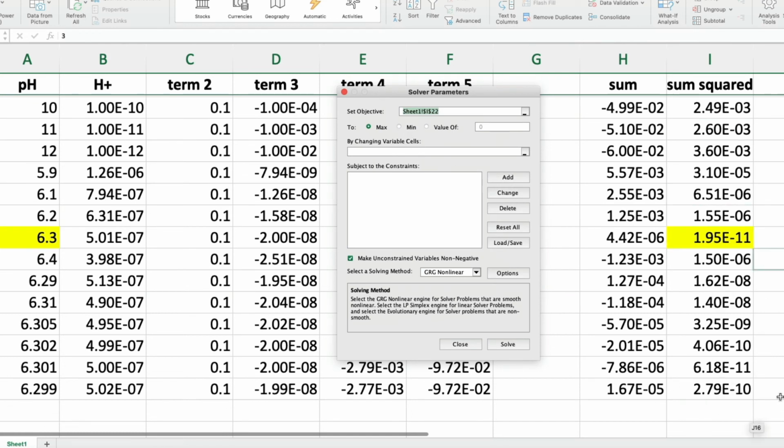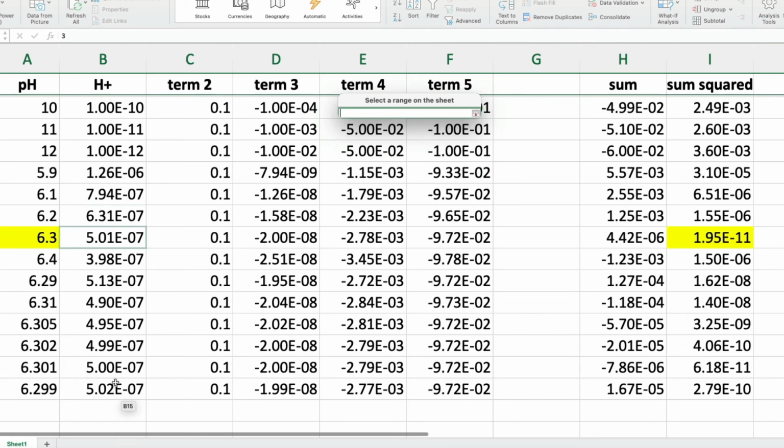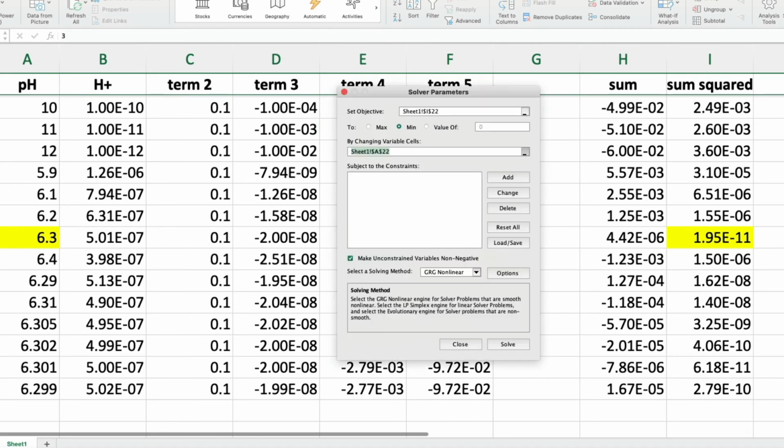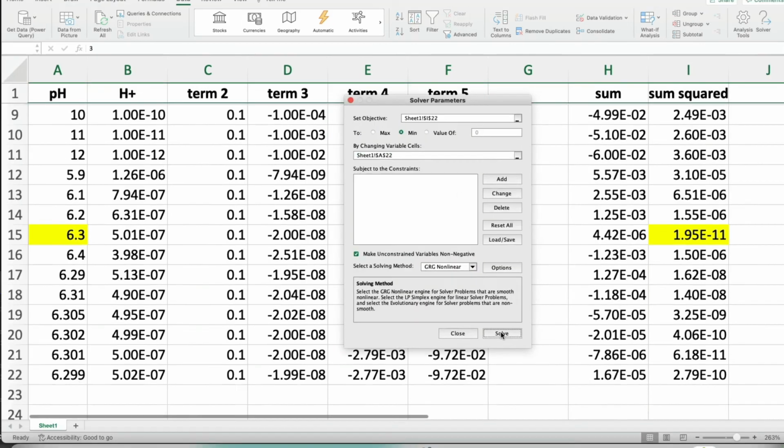Whichever one you use, you want it to be one of the sum squared ones. We want to make that as small as possible by changing the H plus constant. Well, let's change the pH. Okay, and then you hit solve.